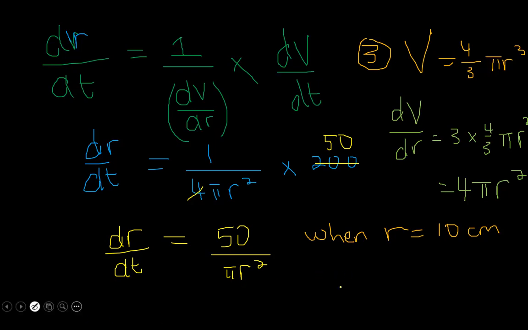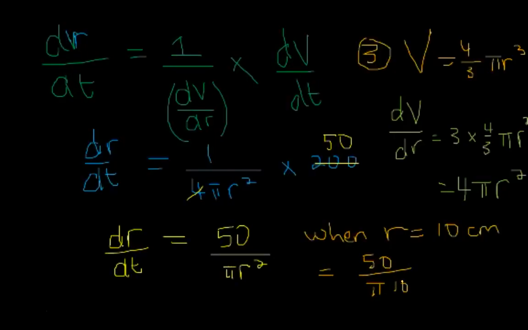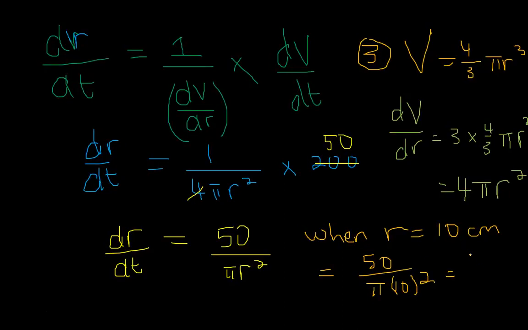So what would I say? This is equal to 50 on pi by 10 squared. 10 squared is 100. 50 divided by 100 is a half, right? So my final answer is a half pi centimeters.